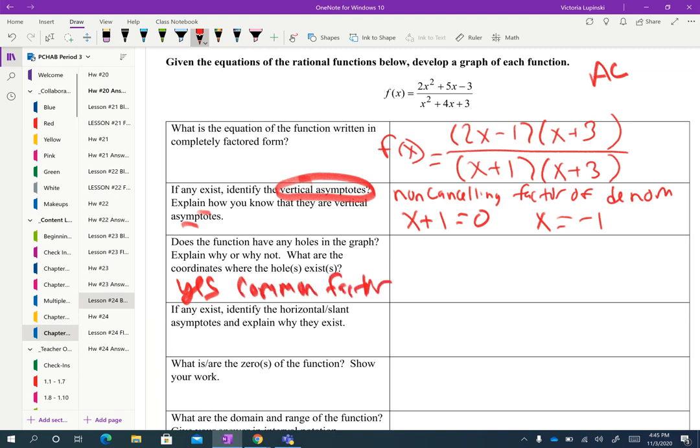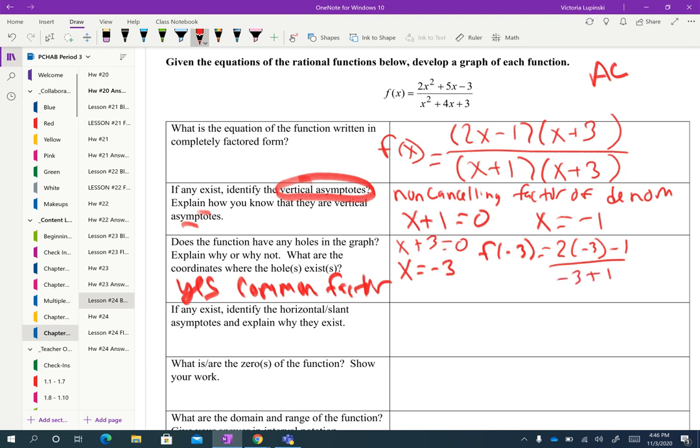I'm just going to leave a little bit more room. So the common factor in this case would be x plus 3. If you were to set that equal to 0, you would get that the x value of the hole is -3. You would then have to plug that -3 into the reduced form. So the reduced form would be 2 times x minus 1 all over x plus 1.